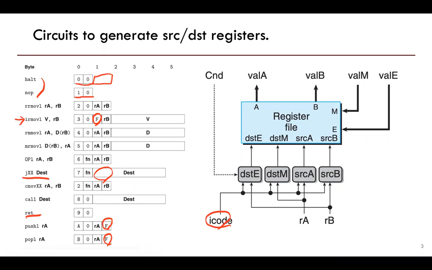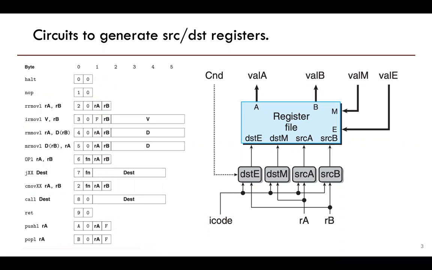If icode says this instruction does not have to read the register value, then instead of sending the register ID to the register file, it sends the value F. This is the basic logic of each gray circuit on the figure.